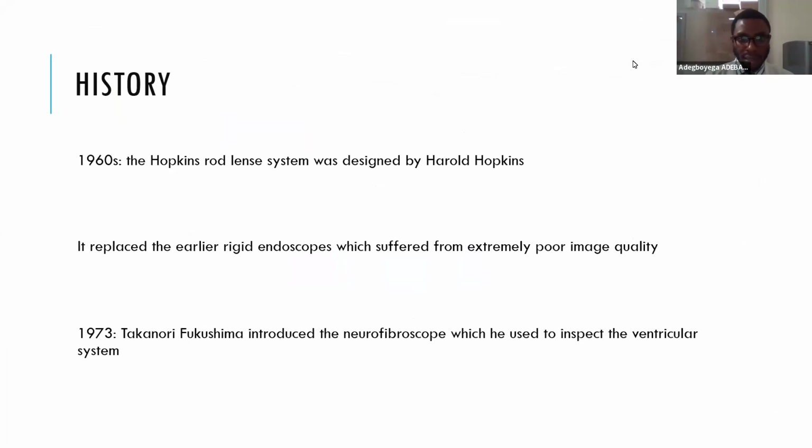In 1966, Harold Hopkins designed the now famous Hopkins rod lens system, which replaced the earlier rigid endoscopes that suffered from poor light transmittance and extremely poor image quality. In 1973, Takanori Fukushima introduced the neurofibroscope.